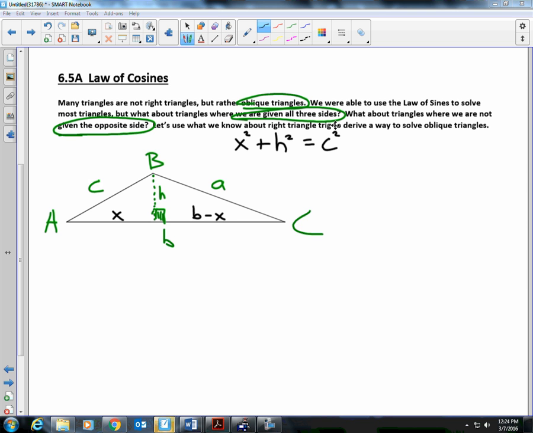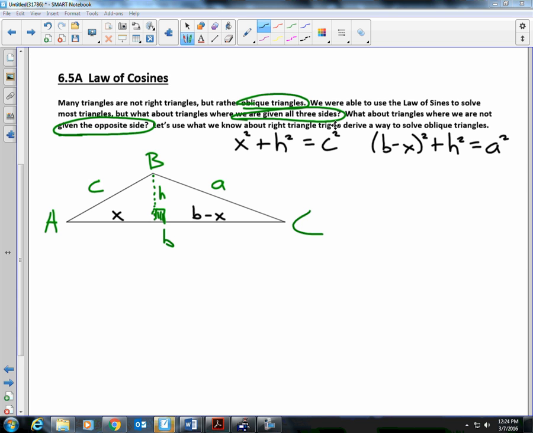And the second expression is (b minus x) quantity squared plus h squared is a squared. What do you notice about these two expressions? What do they both have? H and x. And so we need to get rid of these pieces.